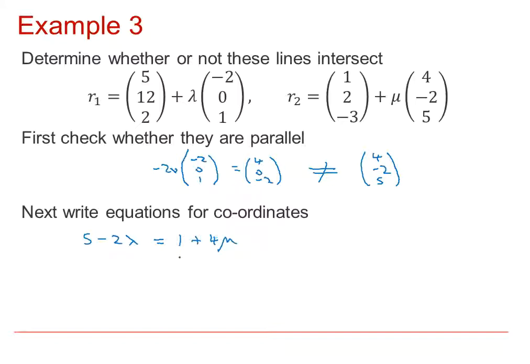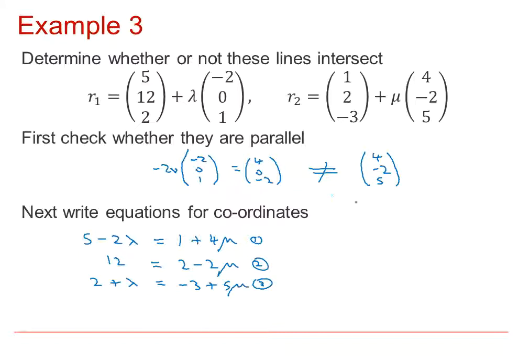Notice the different parameters, one for each line. If we look at the y coordinates, 12 would need to match 2 minus 2 mu, and we'd need 2 plus lambda to match minus 3 plus 5 mu.